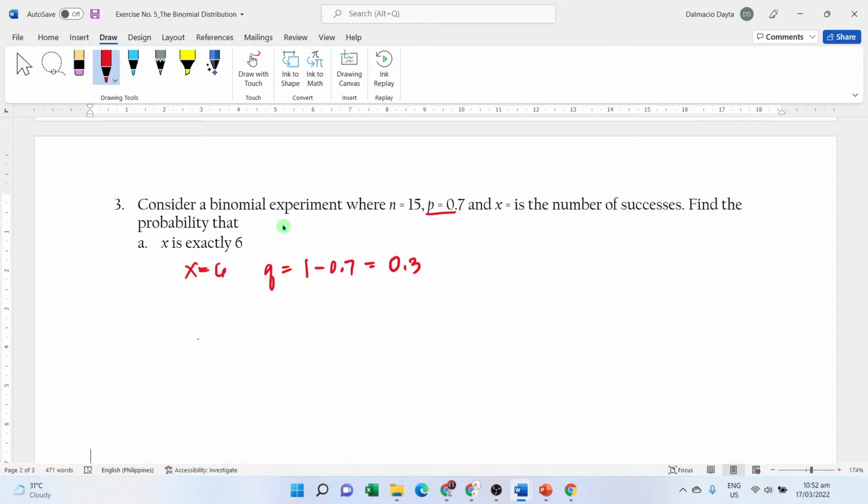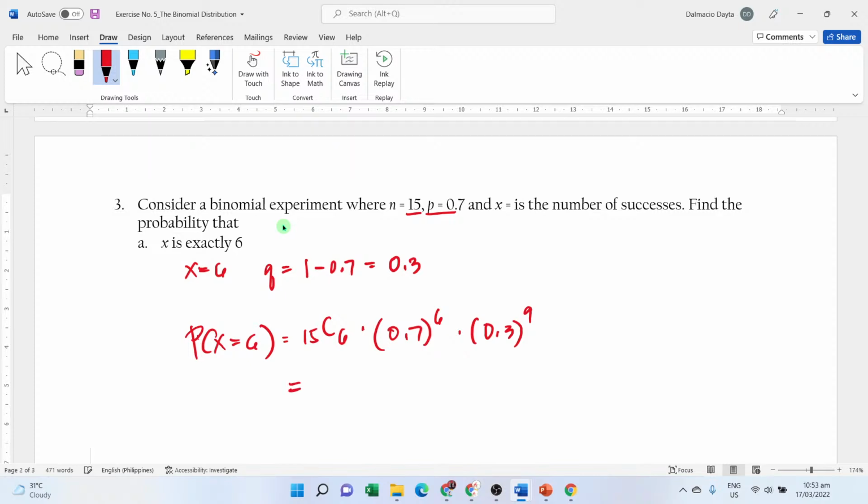So what is the probability that x is equal to 6? Again, let us use the formula. P of x equals 6 will be equal to 15 combination 6 times p, that is 0.7, raised to 6, times q, that is 0.3, raised to 15 minus 6, that is 9. Okay?